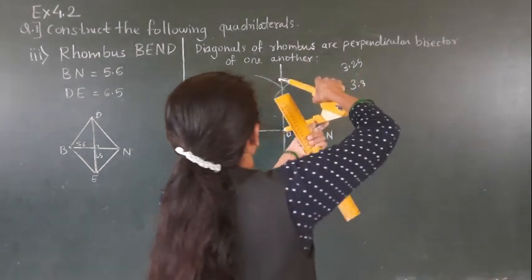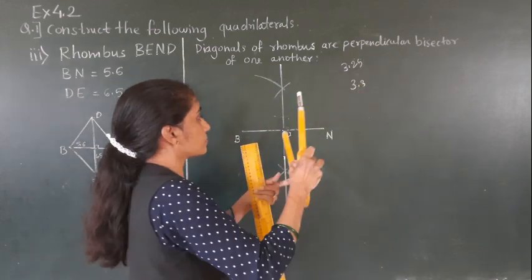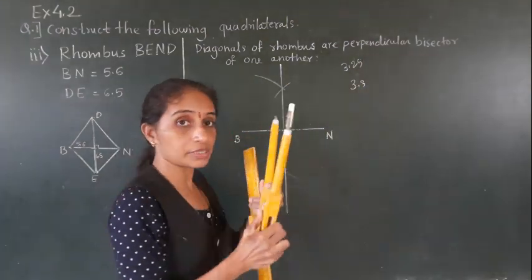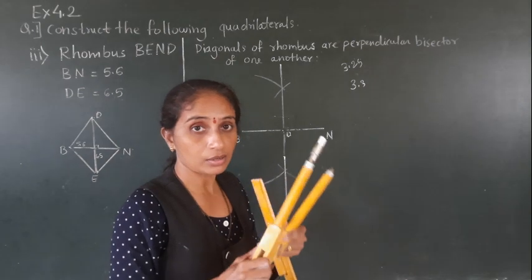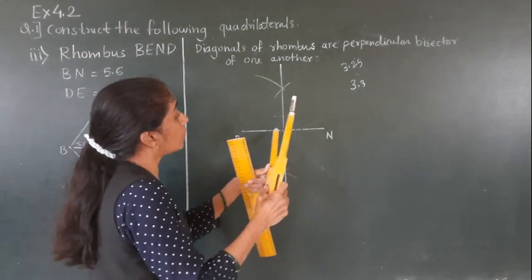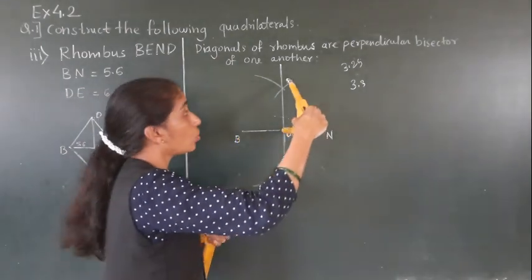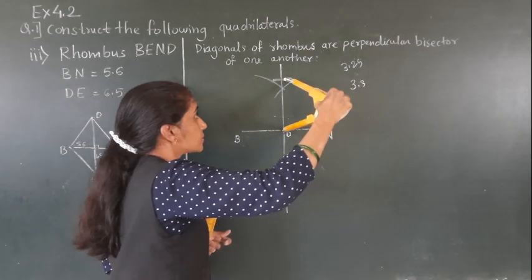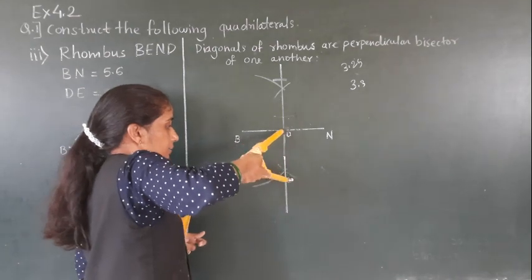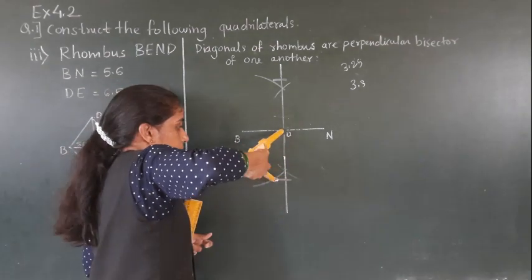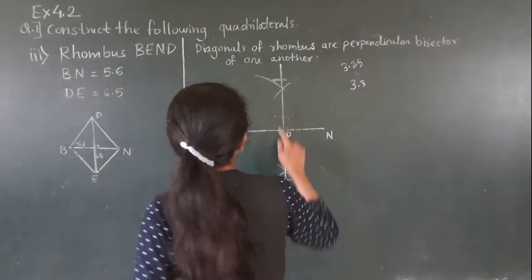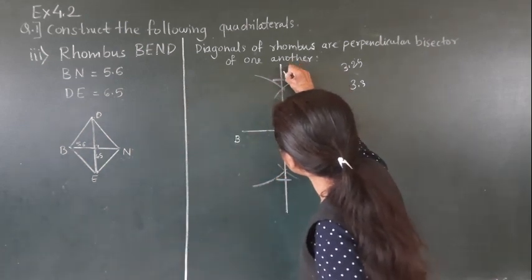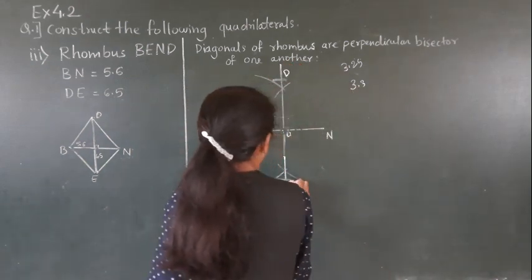I have taken the measurement 3.25 in my compass. Now I will keep it at the center O with 3.25 radius, on the upper and down side. So we got these points. Those points are D and E.